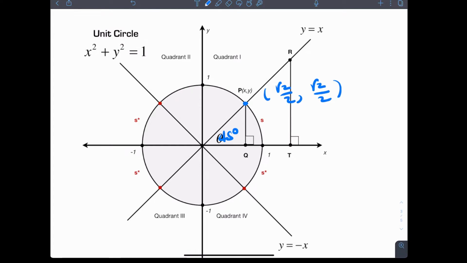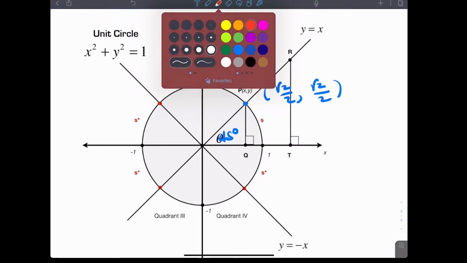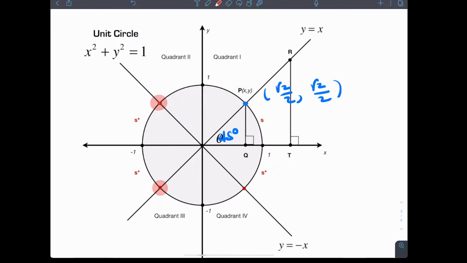So I'm going to use a cleaner picture. What we want to find is this. What is this location? Let me get the highlighter. This location, and this location. Because right in here, this is what we know from what?